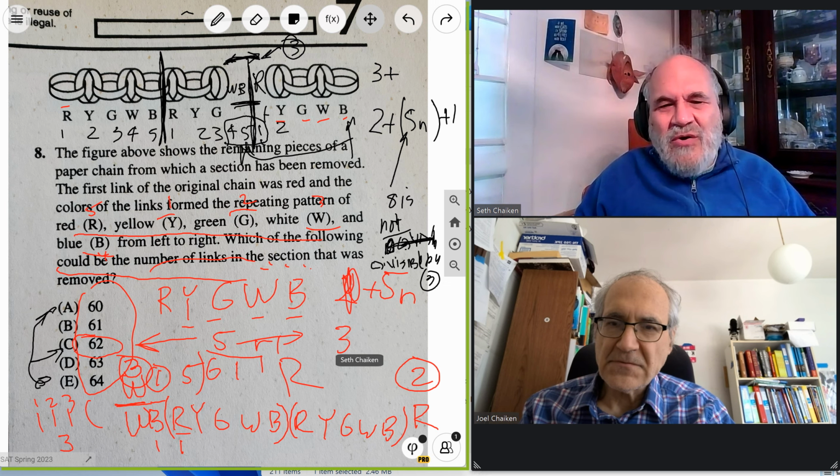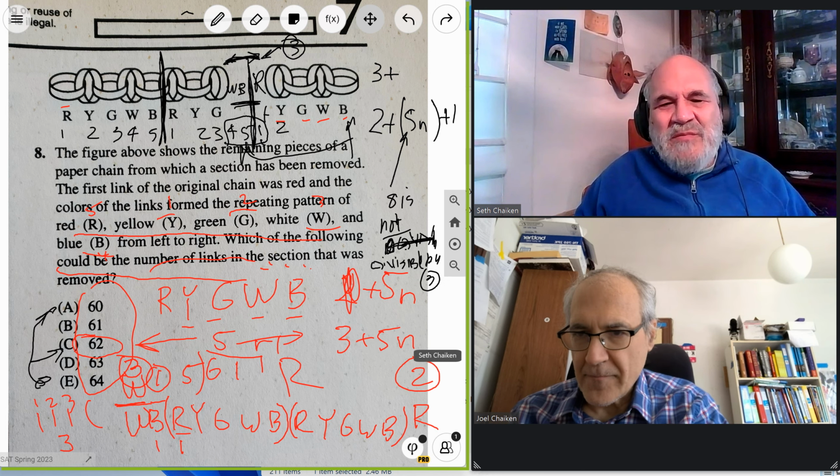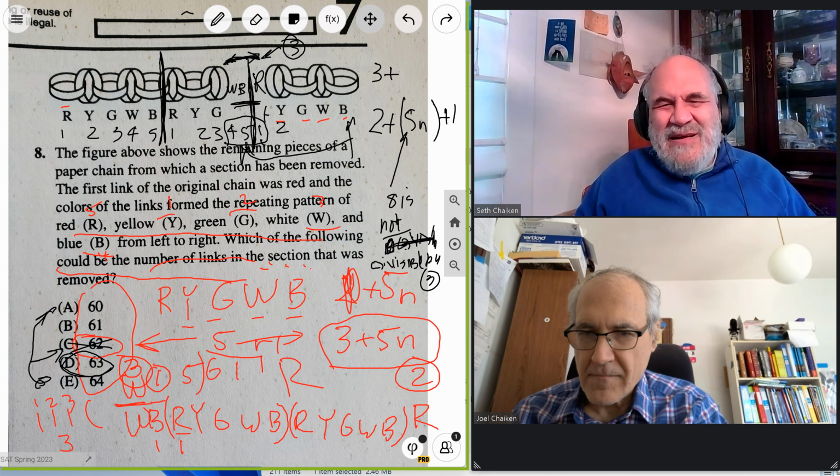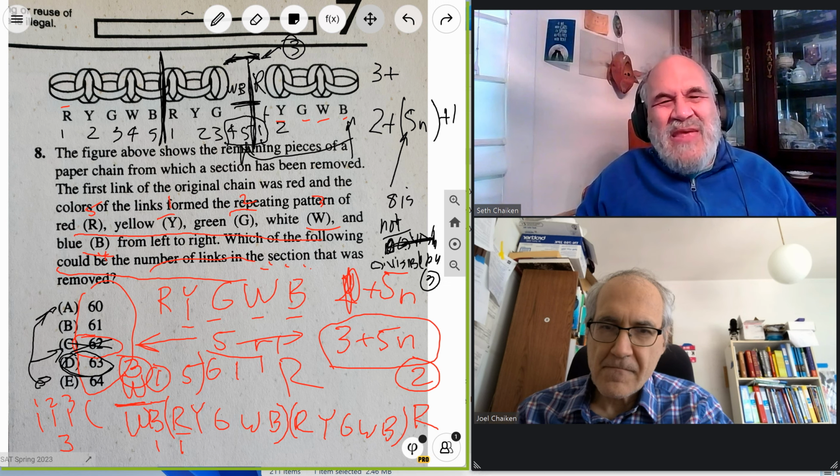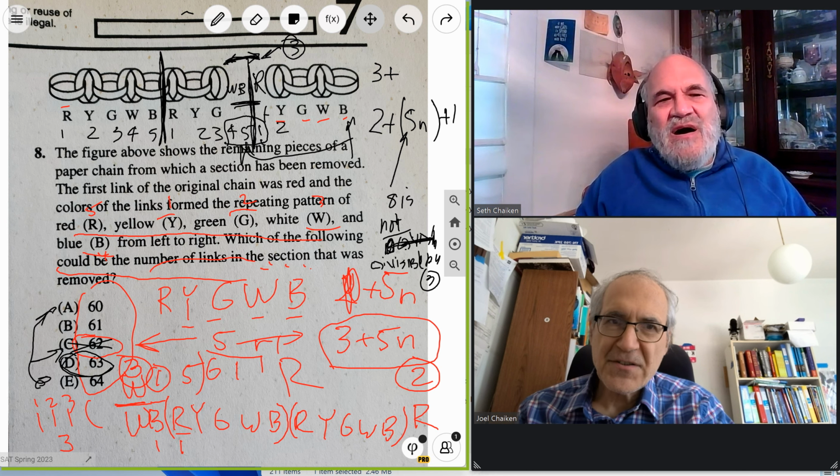And so every number that's possible for the answer, the whole thing is 3 plus 5 times n. And of course, n has to be at least one, because there are more than 5 rings.